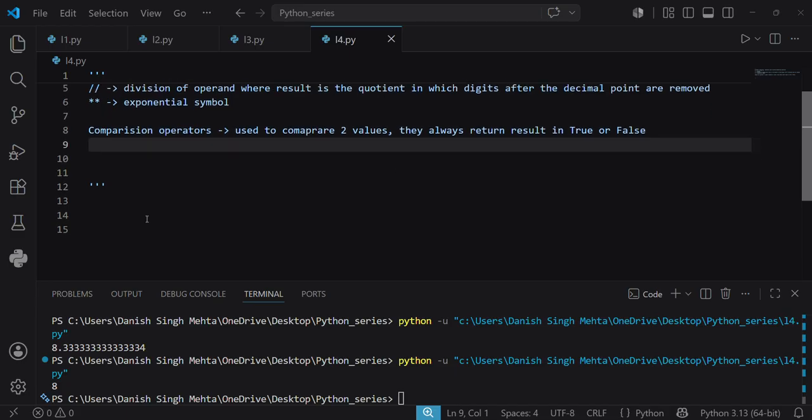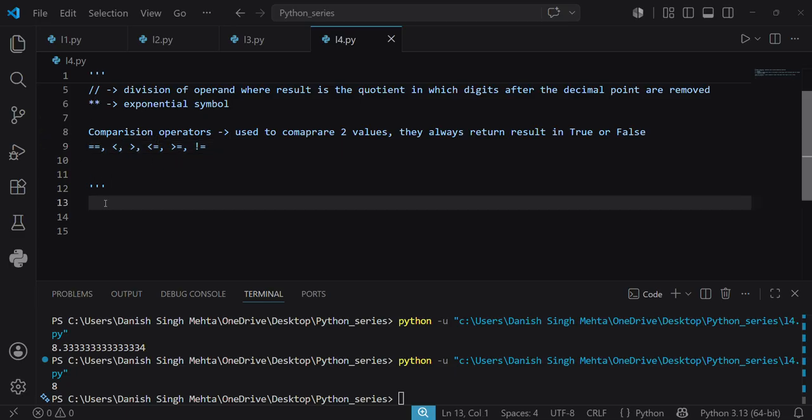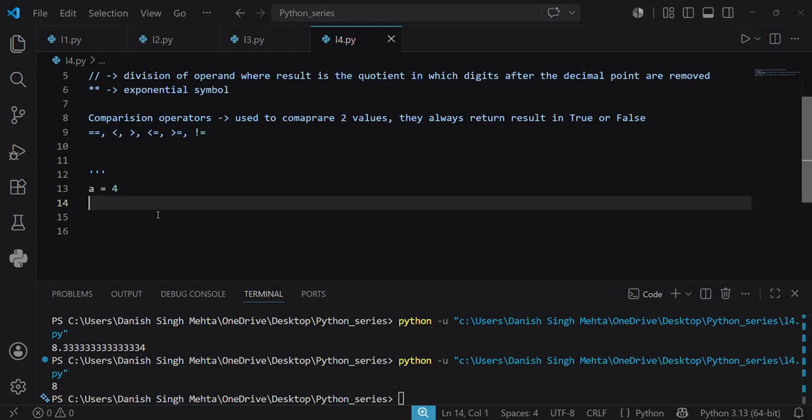Let me just show you an example. So first, there are many comparison operators. First is equal to, less than, greater than, less than equal to, greater than equal to, and not equal to. So yeah, these are the comparison operators. And let me tell you what they do. First, equal to equal to. A single equal to is used to assign values.